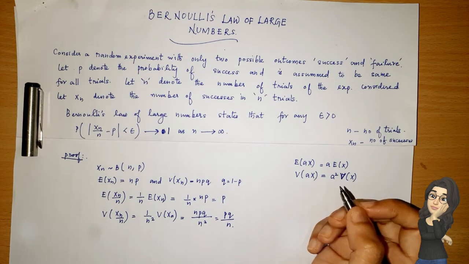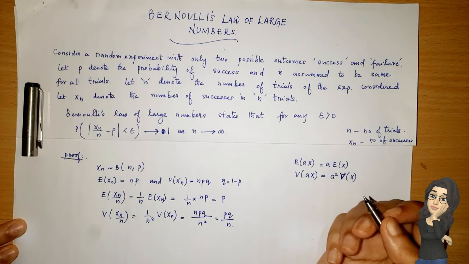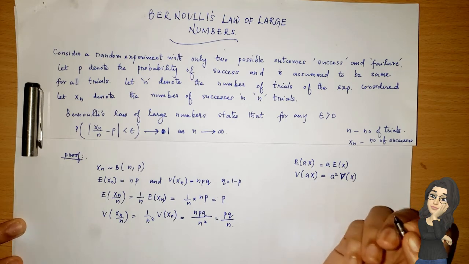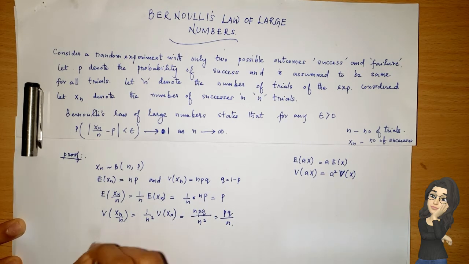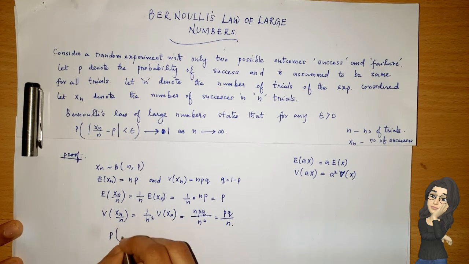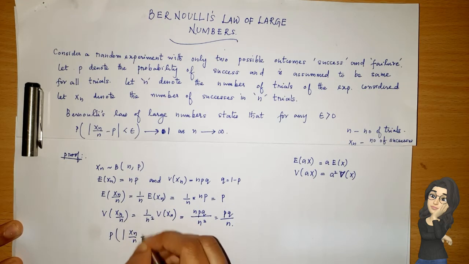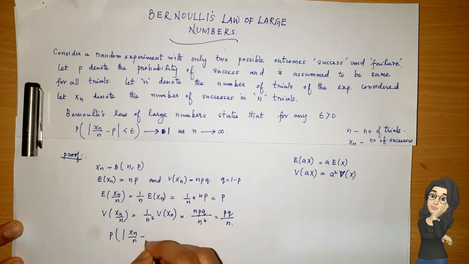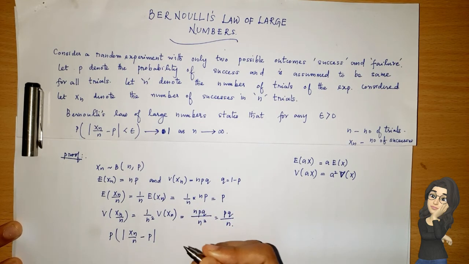Now we know the Chebyshev's inequality that we have already discussed. The Chebyshev's inequality is like this: the probability of |Xn/n minus its mean, the mean of Xn/n, that is p| less than t times sigma, where sigma is the standard deviation.